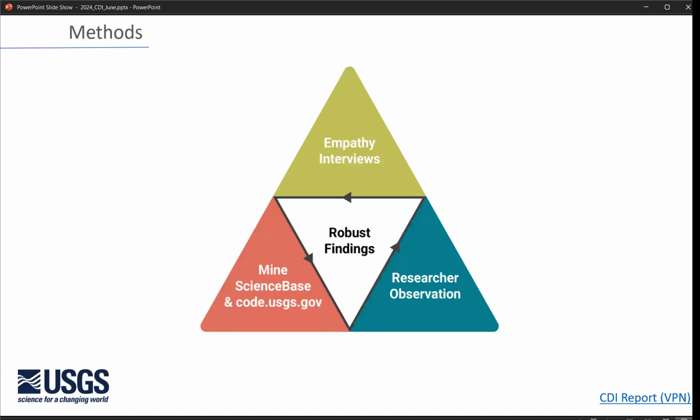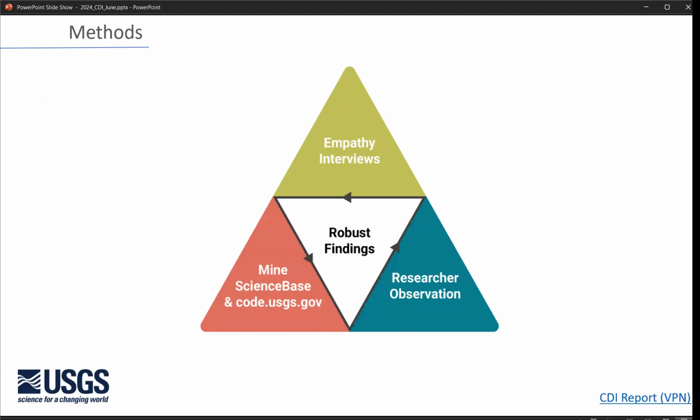The methods for our project were guided by Diamond Holloman, a social scientist who assisted us in building the design for the project. It used a social science approach called triangulation, which refers to multiple methods or data sources in qualitative research, where we can develop a comprehensive understanding of a topic.